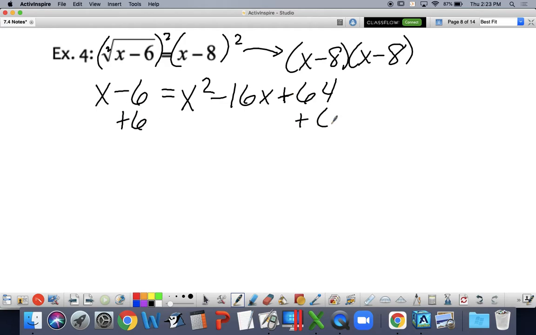What else should I do? Add 16x. Nope. I know you almost wanted to say it. I've got to set it equal to 0. Right? This is bringing us back to Unit 2. Factoring quadratics.